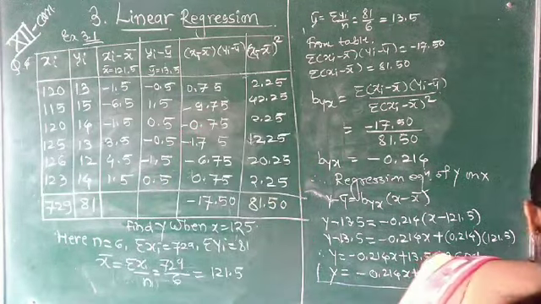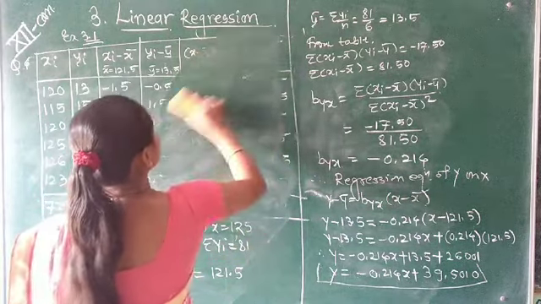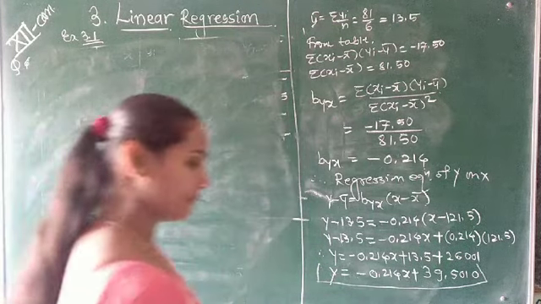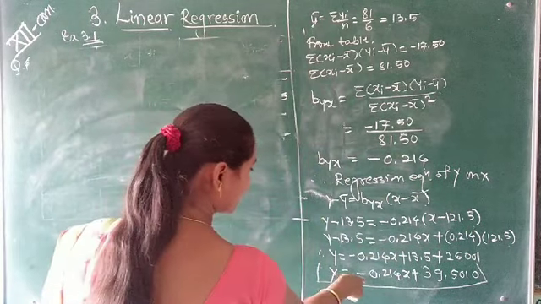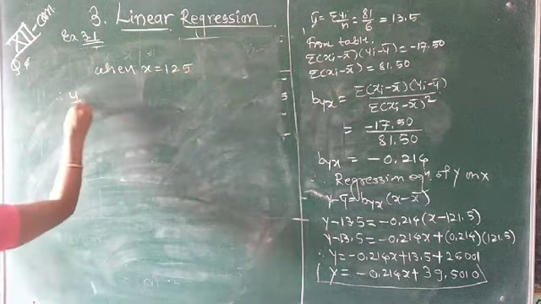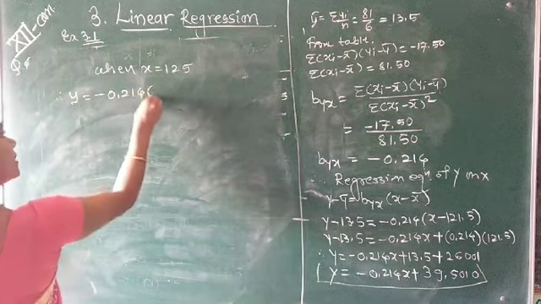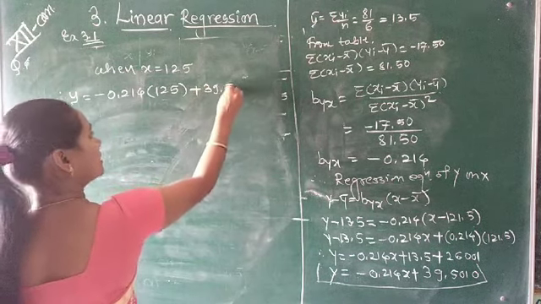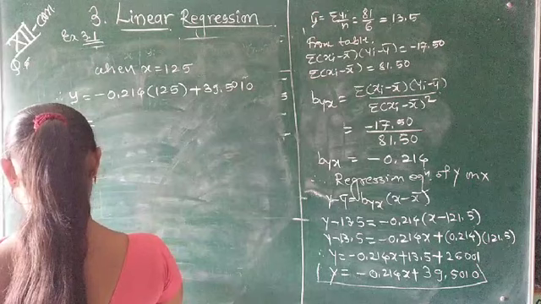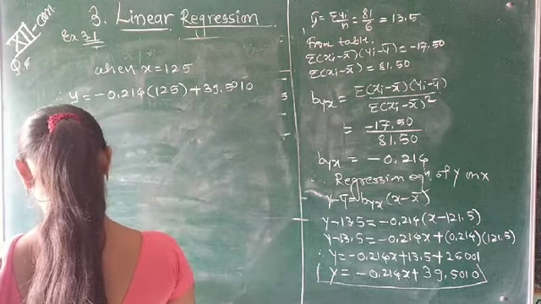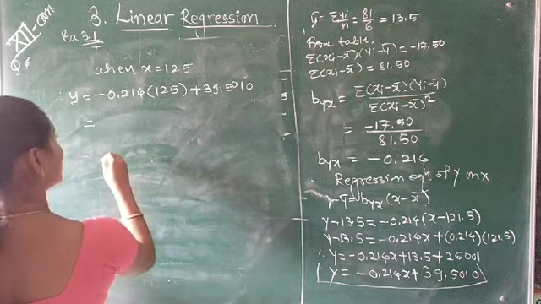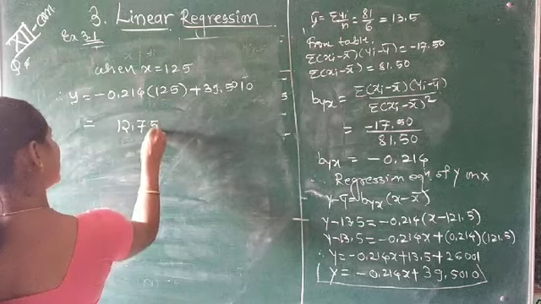Therefore, y when x is equal to 125. Therefore, y is equal to minus 0.214 into 125 plus 39.5010, and the product of this minus 0.214 into 125 is 26.75. So the result is 12.7510.